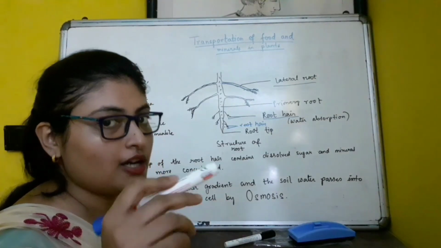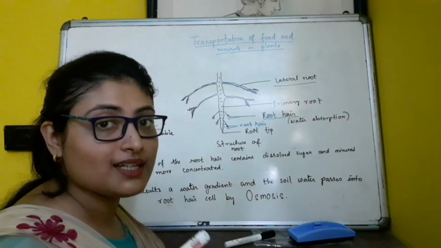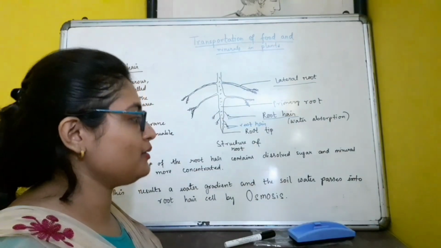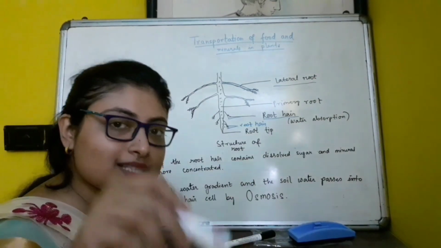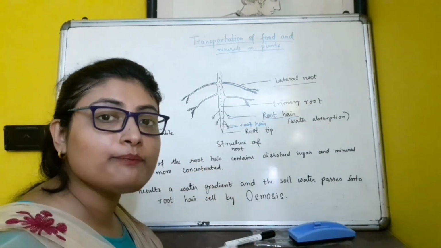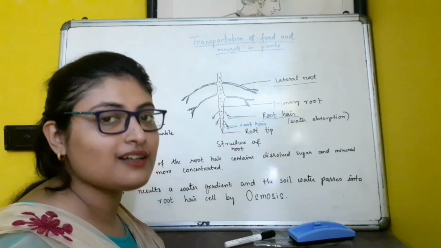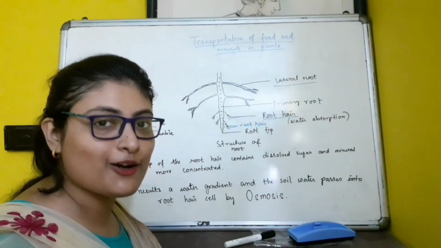The soil water will pass into the root, because root cells have more concentrated cell sap. The water will pass through the semi-permeable membrane from the soil to the cells of the root. So it follows one process, that is osmosis.